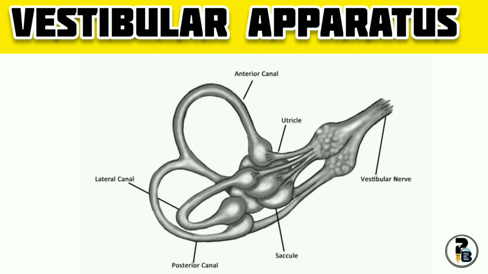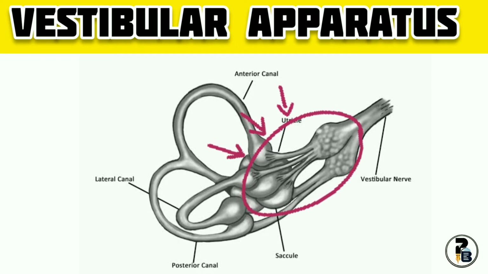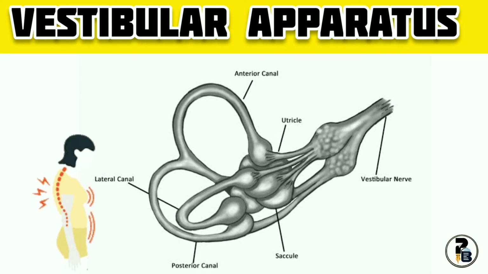The base of the canals is swollen and is called ampulla, which contains a projecting ridge called crista ampullaris, which has hair cells. The saccule and utricle contain a projecting ridge called macula. The crista and macula are the specific receptors of the vestibular apparatus responsible for maintenance of balance of the body and posture.